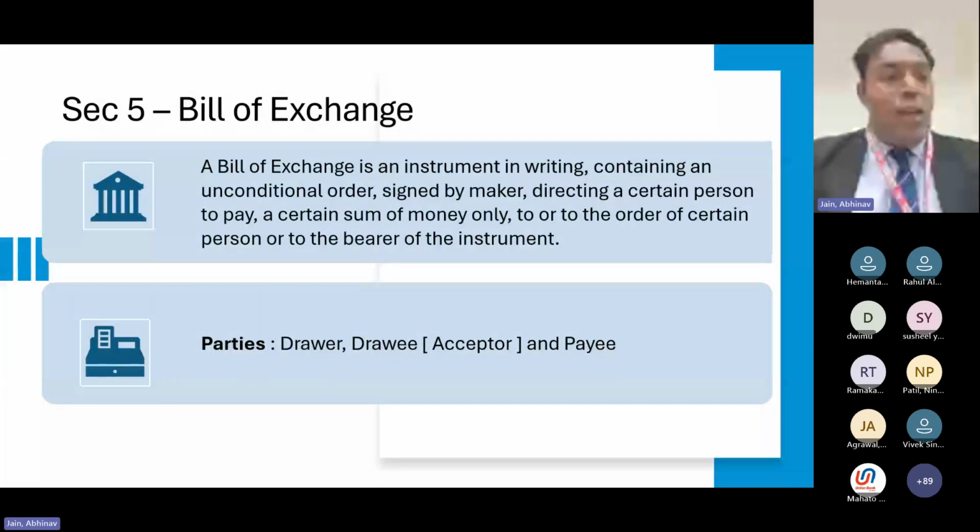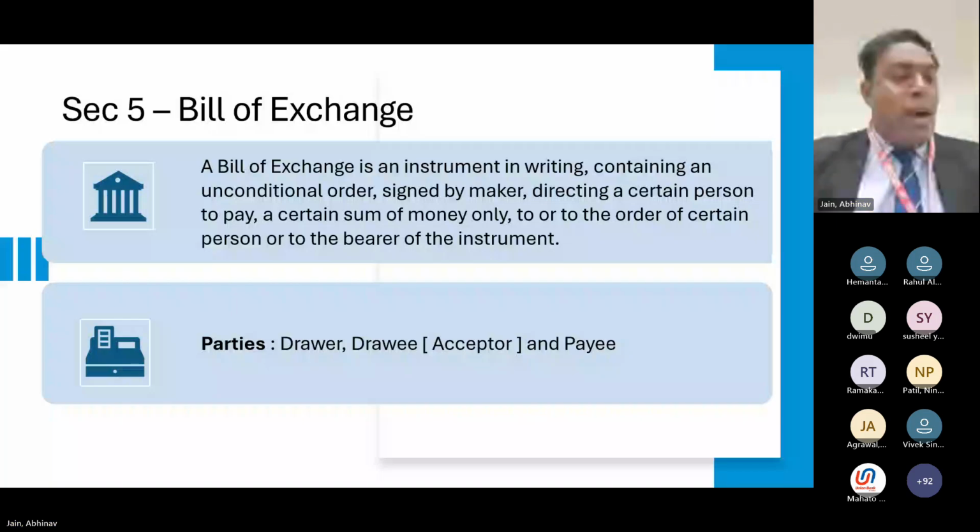Now let us come to another instrument, that is check, which is defined under section 6 of the NI Act. What is a check? A check is a bill of exchange drawn on a specified bank and not expressed to be payable otherwise than on demand.